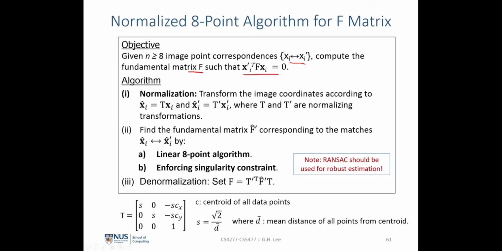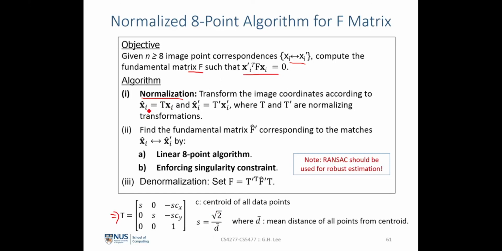The first step is normalization, and this normalization is a compulsory step which is done in the same way as the homography computation. We first find a transformation matrix that consists of the scale and the centroid of all the points. This simply means we shift all the points to have a centroid of 0, with the average scale being equal to square root of 2, which is given by this equation.